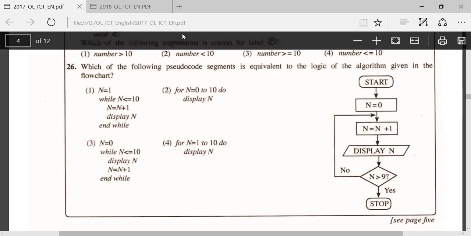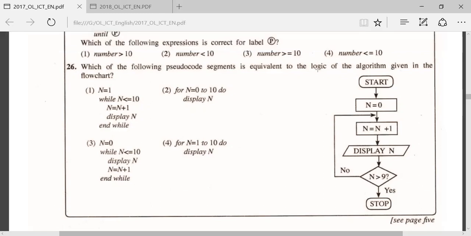So you have to observe the logic of this flowchart, and then you have to choose the pseudocode segment.